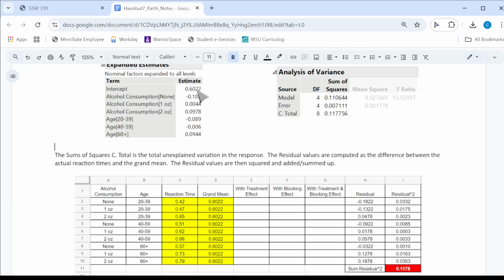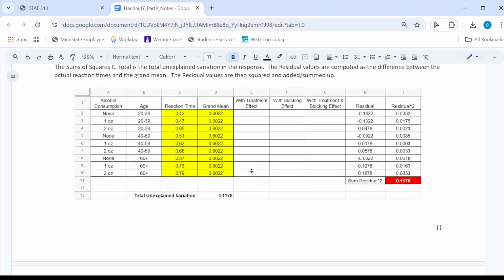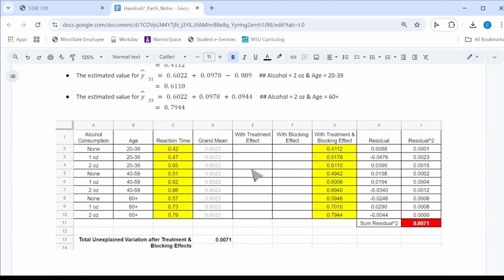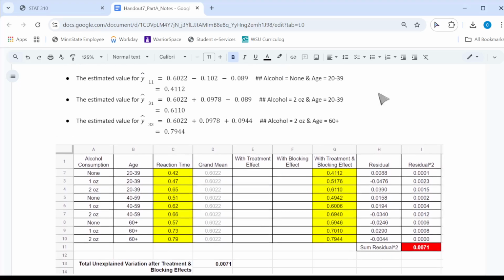So if I take 0.6, subtract about 0.1, that's about 0.5, and I subtract about another 0.09, I'm going to get down to about 0.41 or so. That is where this value is coming from. This is showing you for somebody that did not consume any alcohol and was in the young age group, I'm taking that 0.60 minus 0.1 minus another 0.09. And that's where I'm getting that 0.4112.